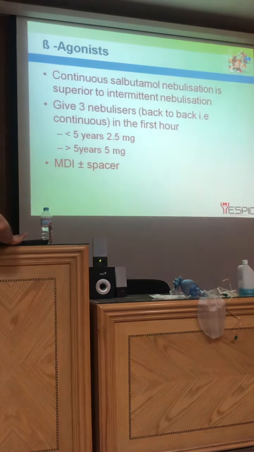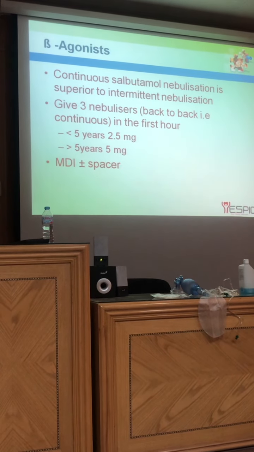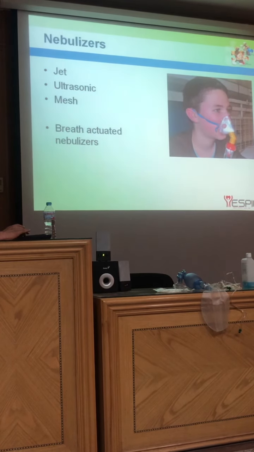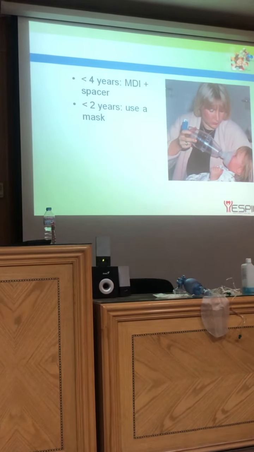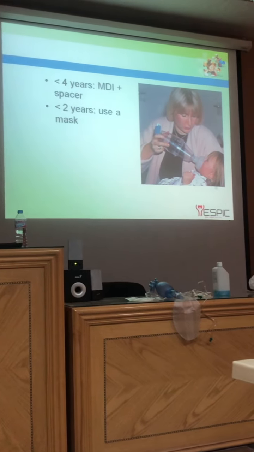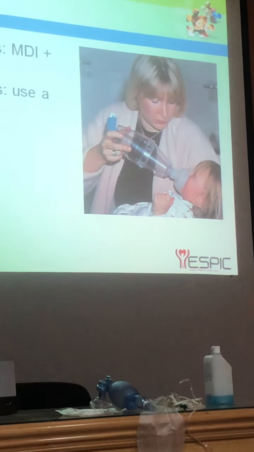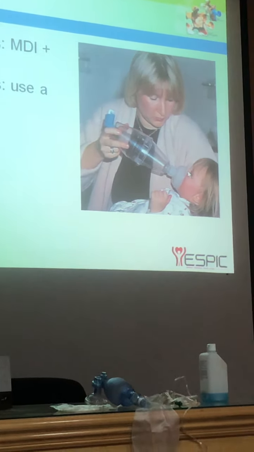The second method is to give the drug by MDI, which is the metered dose inhaler. This is the MDI, which can puff the drug directly into the mouth or be used with a spacer in cases of infants and children.